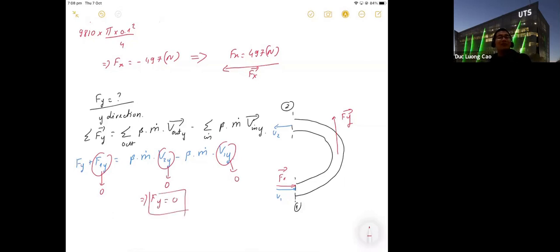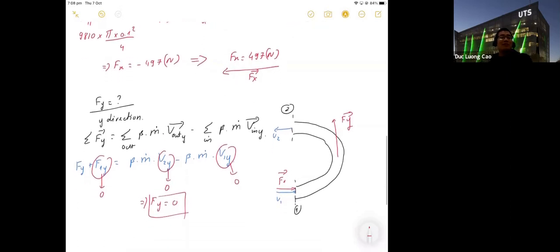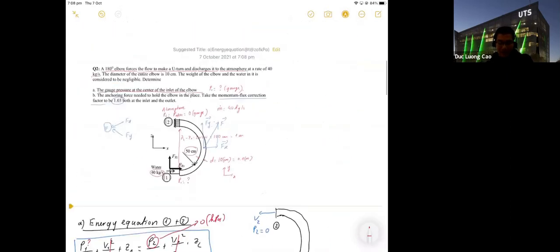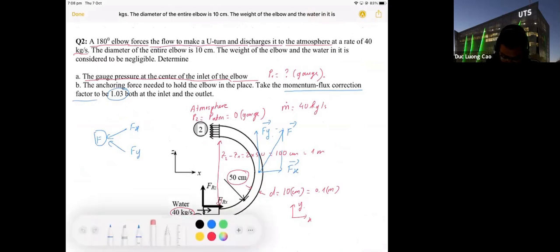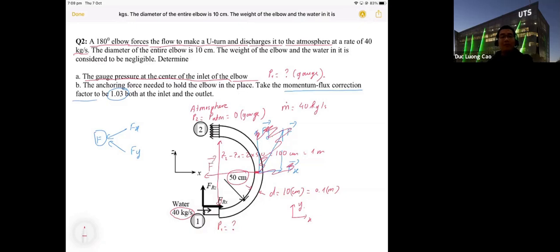Fy is 0. So it means the force is in x direction. Okay. So the force here will be in x direction from right to left, and the magnitude will be equal to 497 Newton.